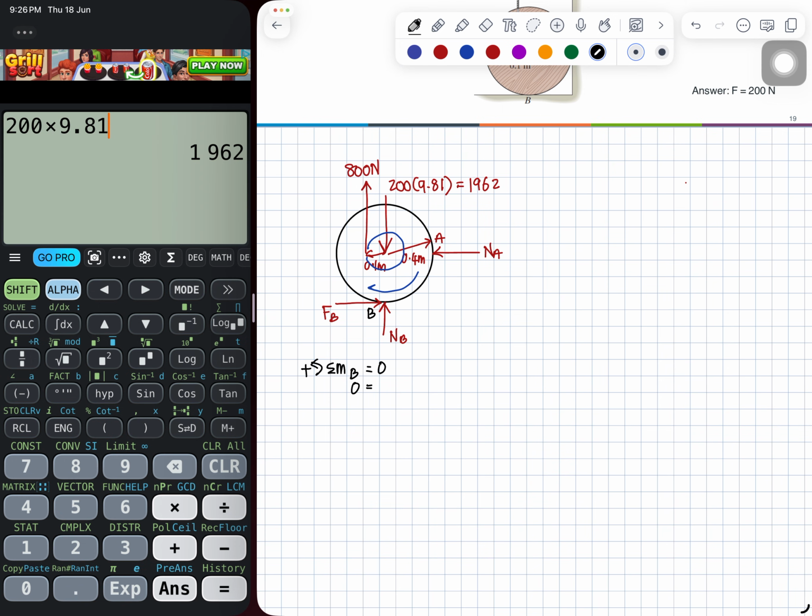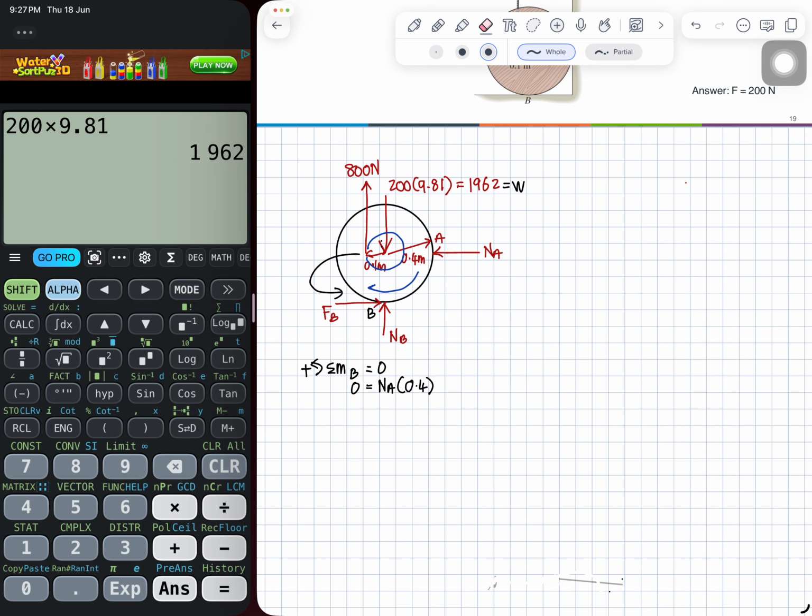From point B we have NA rotating counterclockwise, so NA is positive times the distance, 0.4 meter. And for W, there is no moment, since W is applied directly at point B.